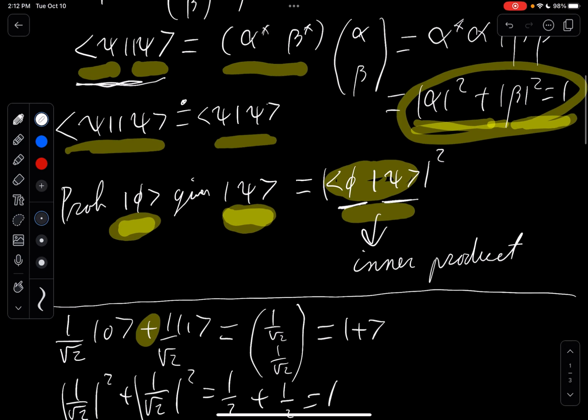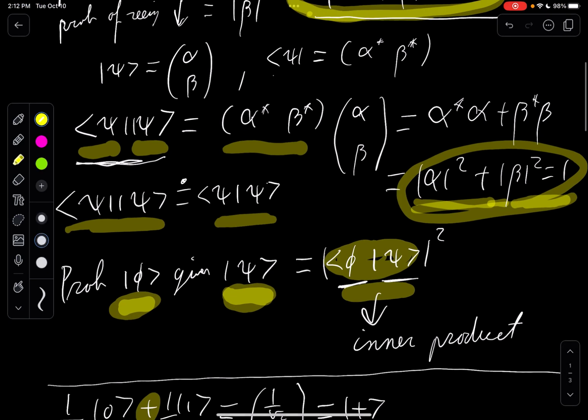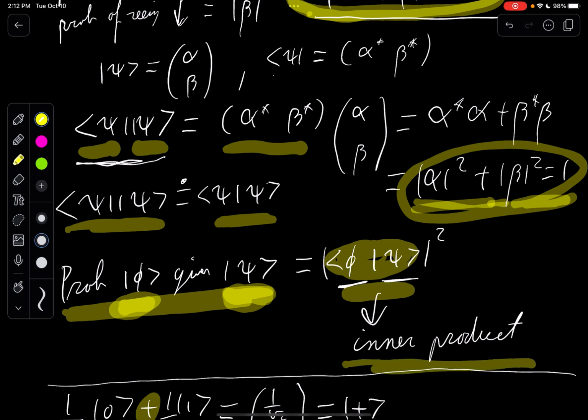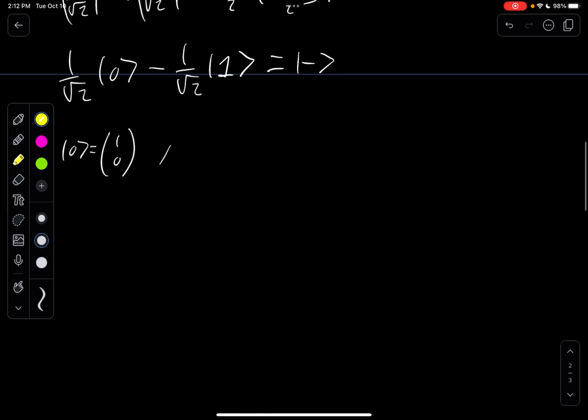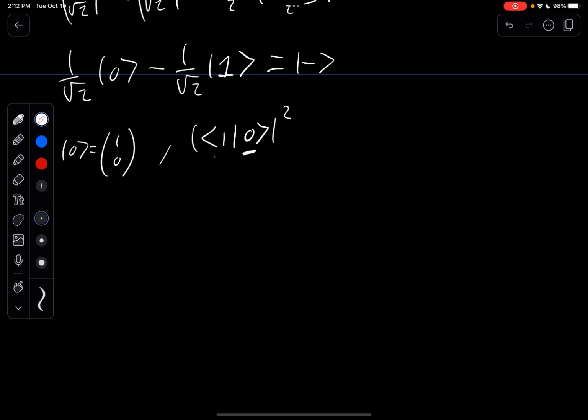Well, we go back again here. We look at this condition. And now let's calculate this. So the probability that we'll see 1 given 0 is given by the following quantity. In the general case this was psi, and now we had phi here in the general case, but now we specialize to having 0 and 1 here.